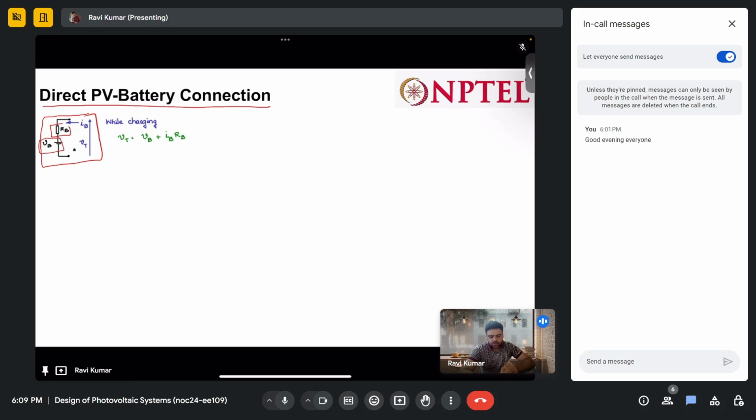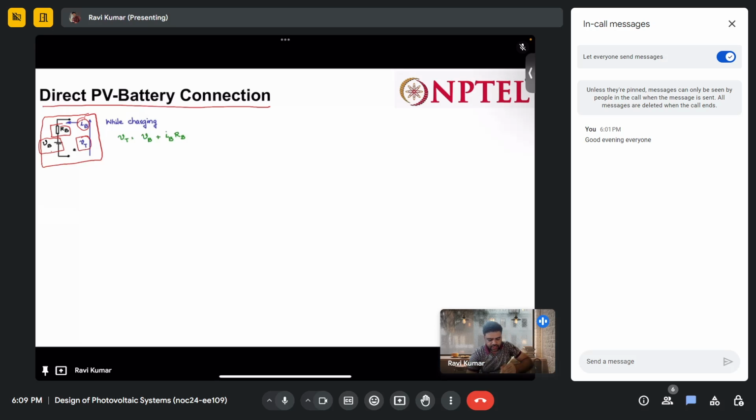So this particular combination is a battery. With a voltage source we have some resistance, and this VT is the terminal voltage of the battery, and IB is the current which flows inside the battery. In charging we need to put current into the battery, while discharging we get the current out of the battery. So these are the two things.